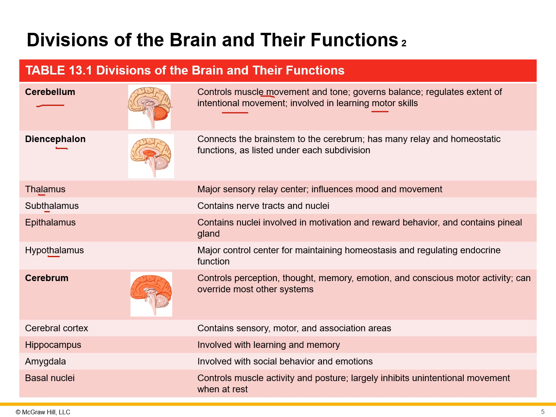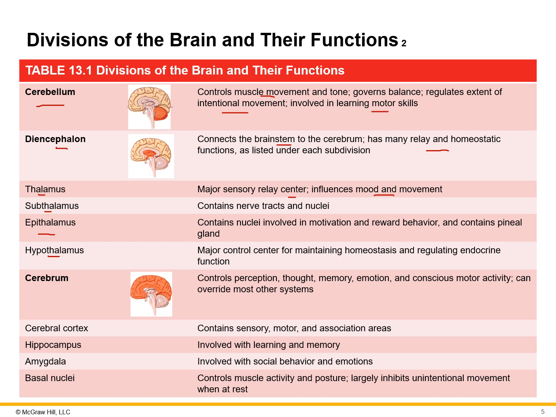The diencephalon, again, is made up of, we already mentioned the thalamus and hypothalamus, but two additional ones, the subthalamus and the epithalamus. So again, all related to the thalamus. They make up this diencephalon, and this connects the brainstem to the cerebrum. So again, it helps with relay and homeostatic functions. Specifically, the thalamus, again a relay center, but also is involved in mood and movement.